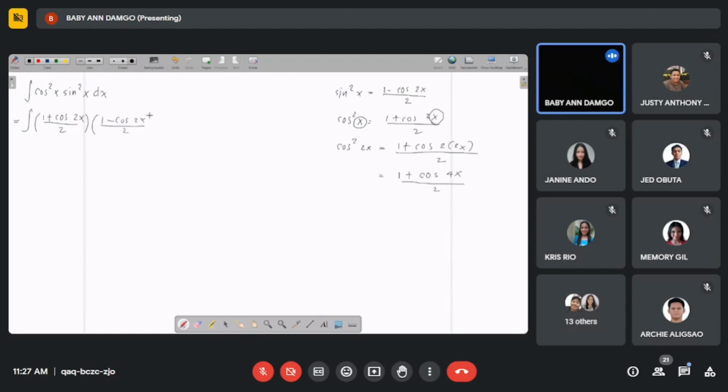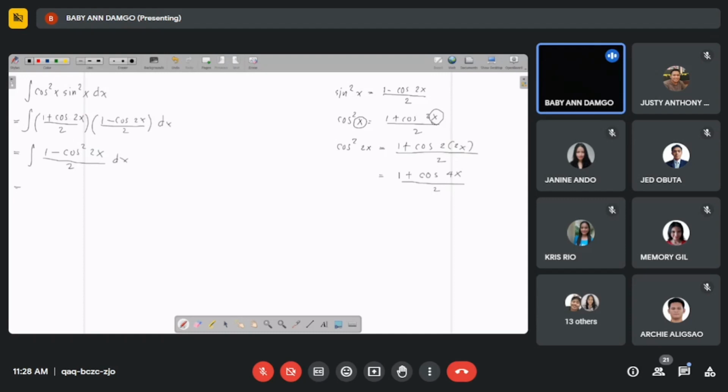And simplify, we have integration of 1 minus cosine squared 2x over 2 dx. Okay, so 1 times negative cosine 2x plus cosine 2x cancel.